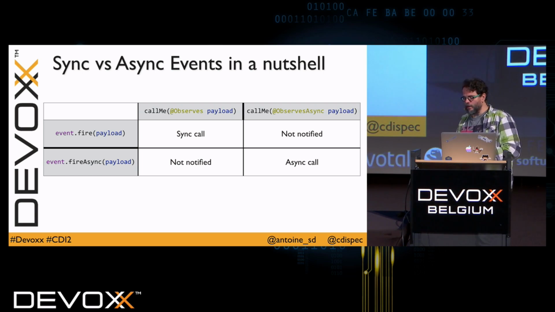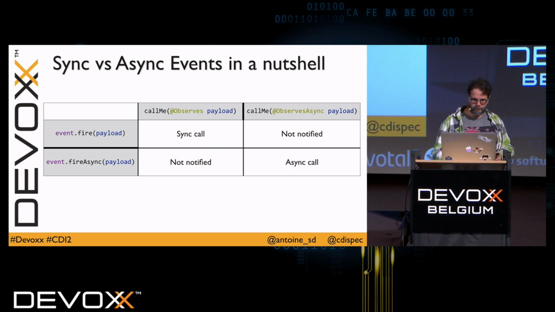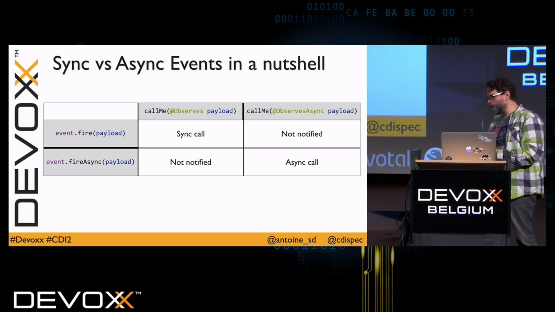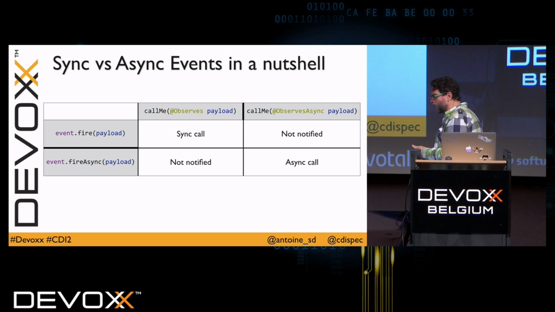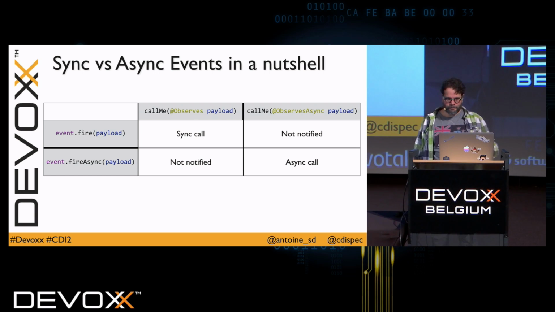And as you see, there was a lot of discussion. We don't have a synchronous call here. So if you fireAsync an event, it won't trigger the synchronous observer. It's a decision we took to avoid confusion.